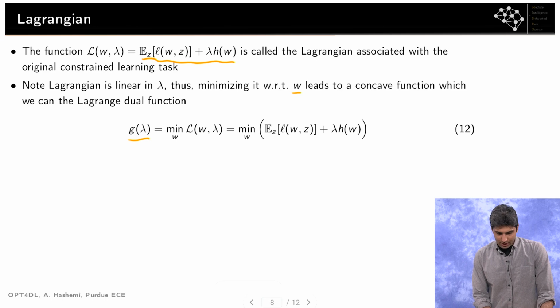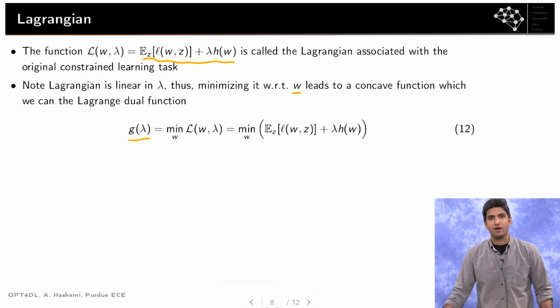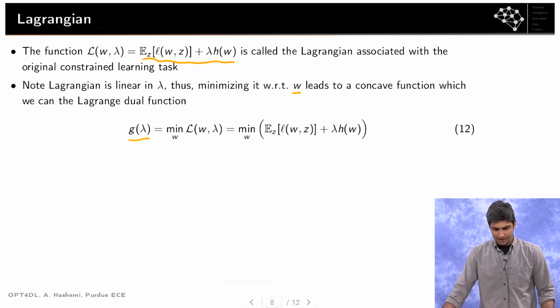Now, one claim is that this function is actually going to be a concave function, given that the Lagrangian is linear with respect to lambda. And in particular, this is because if you have a bunch of functions that are linear with respect to a variable, if you minimize over them, the result will be a concave function. And if you are maximizing, you're going to get a convex function.